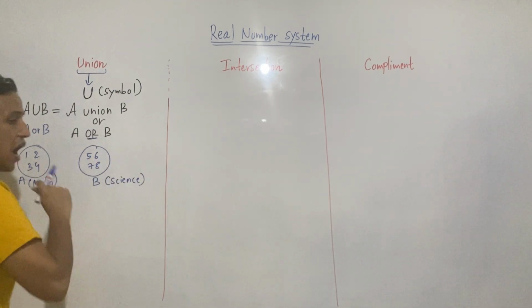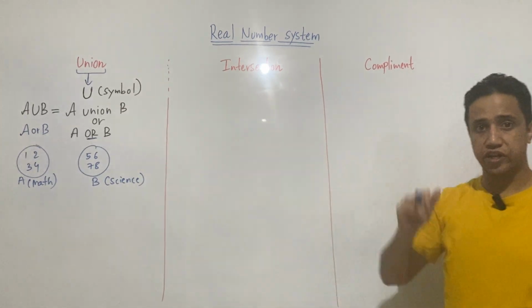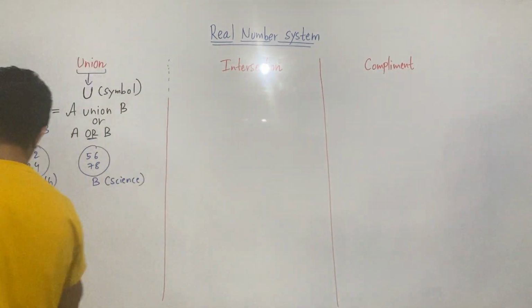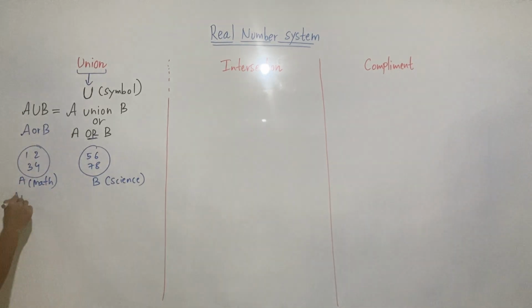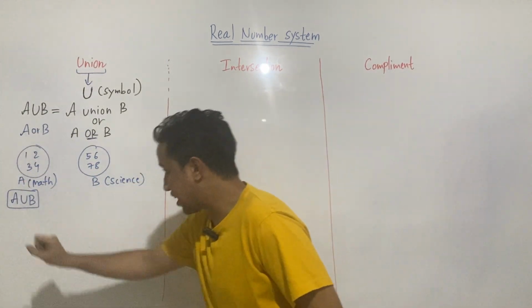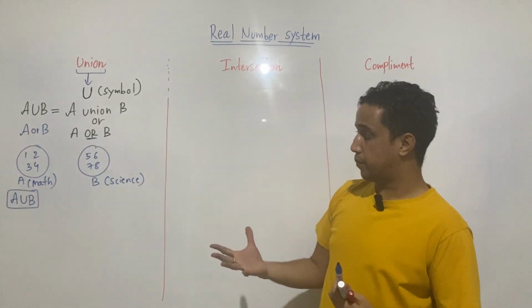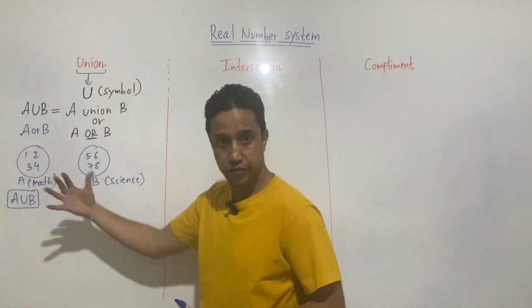Now I am interested in finding out A union B. I am interested in finding the set of the student numbers who like math or science.